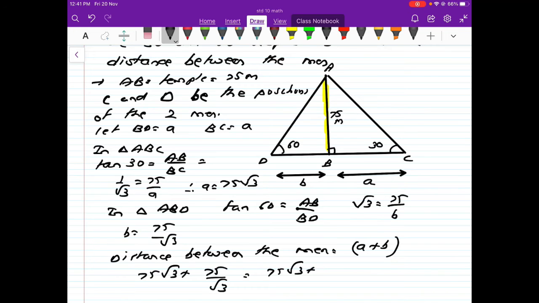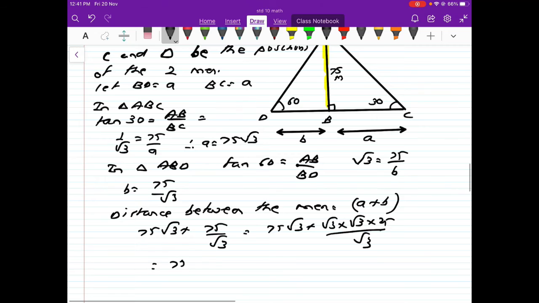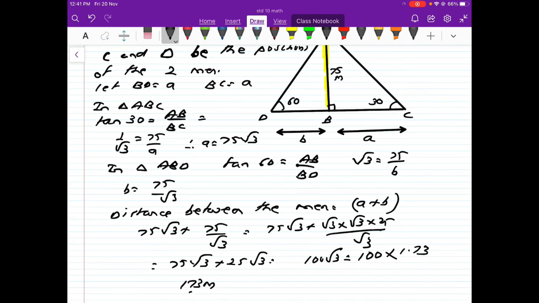This 75 I will write as root 3 into root 3 into 25 upon root 3. So this becomes 75 root 3 plus 25 root 3, because 75 is 3 into 25 and 3 I can write as root 3 into root 3. So we are getting 100 root 3, which is 100 into 1.73. So the distance between the two men is 173 meters.